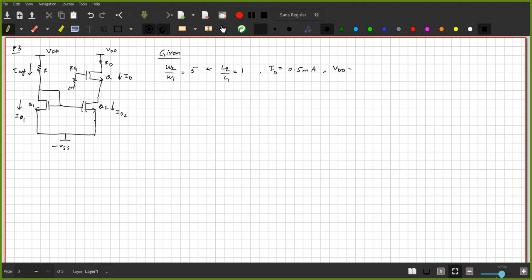VDD equal to minus VSS equals 5 volts. Mu1 COX W by L is 0.8 milliamp per volt square. Then you have VT, which is 1 volt, and lambda equal to 0. No channel length modulation.